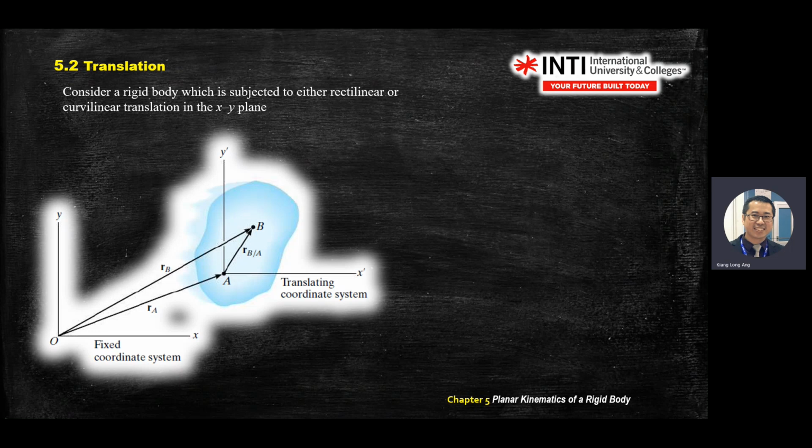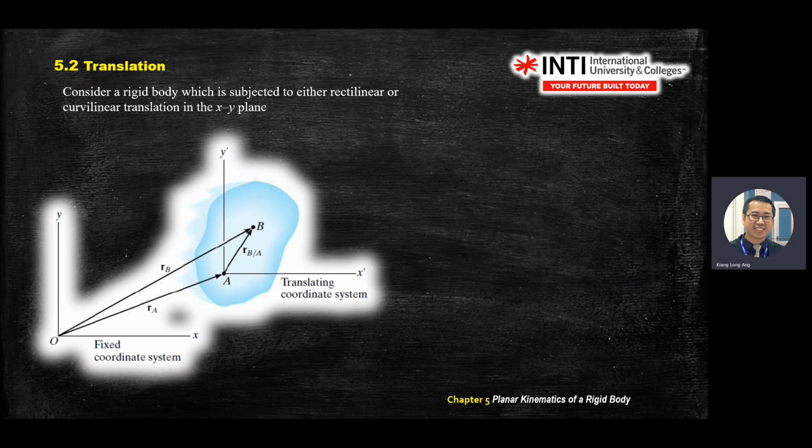On the object, you always fix 2 points when it comes to a rigid body. In this case, you have fixed points A and B, A at the center, at the origin of the x prime and y prime axes, and 1 point B on the rigid body. Previously, we also know that r represents location or position.